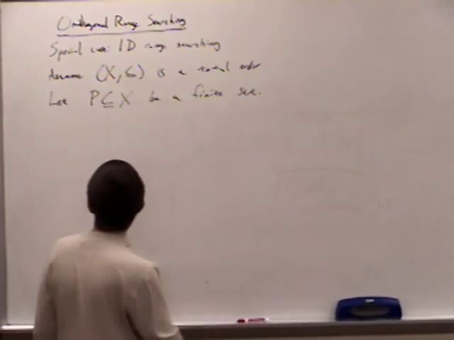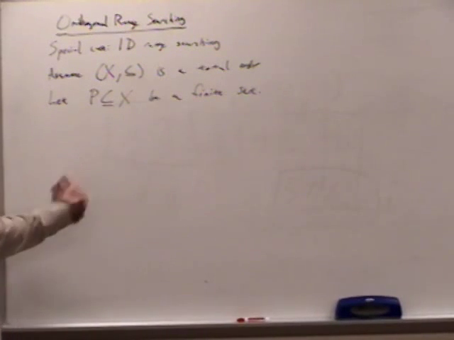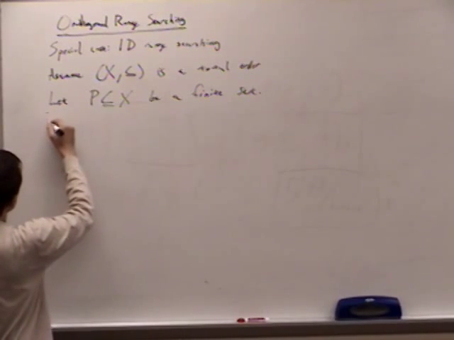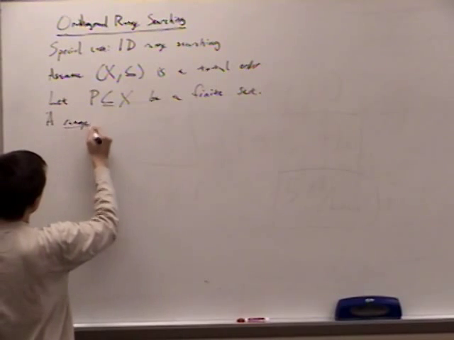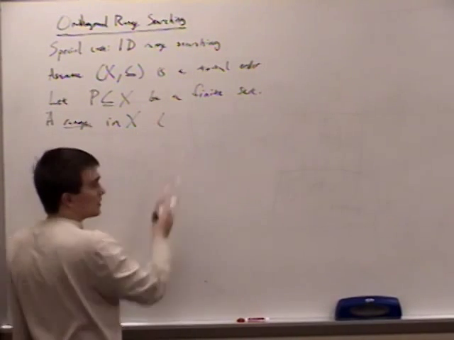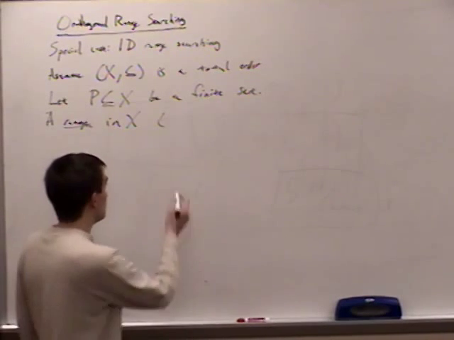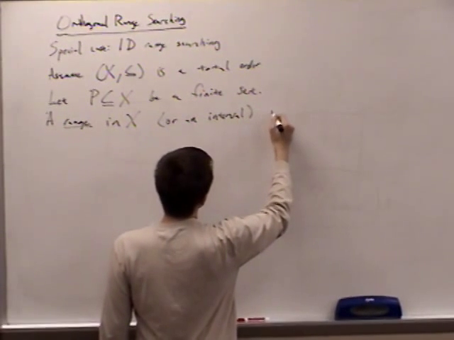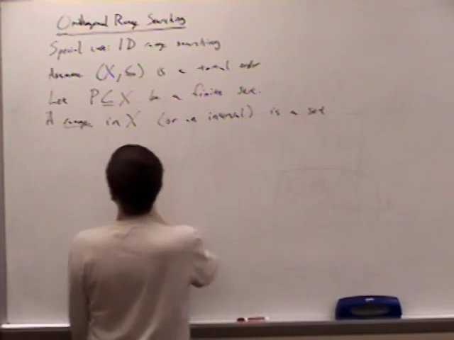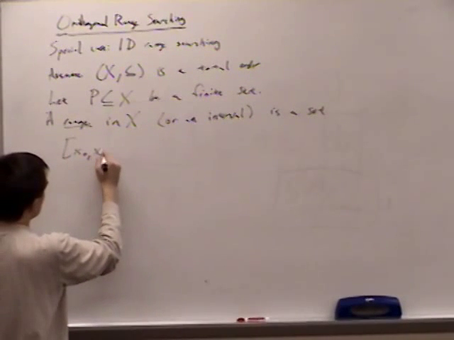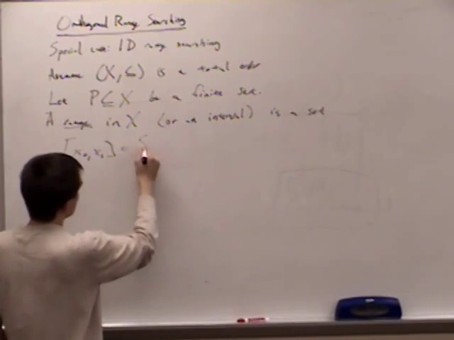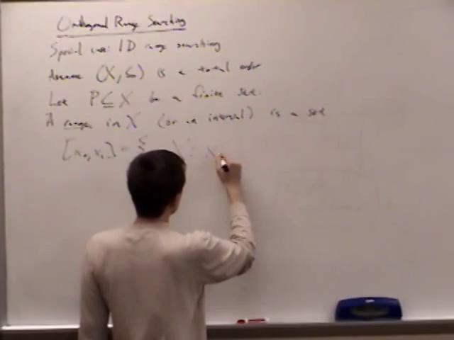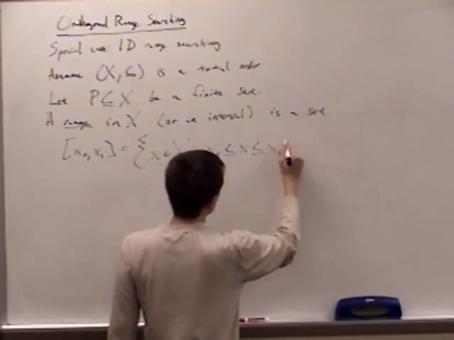Then what we want to be able to do is find where some range intersects P. So we'll say a range in X, or in this case, because we're working in 1D, it's also called an interval. An interval is a set [x0, x1], which is of the form: you take all of the little x in X where x0 is less than or equal to x, less than or equal to x1.